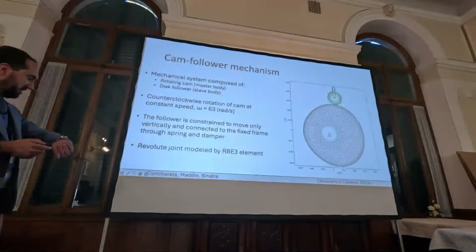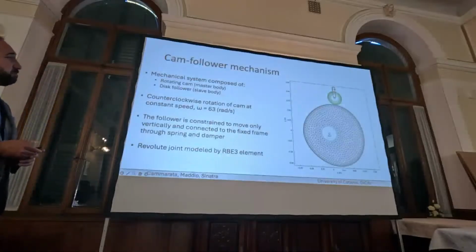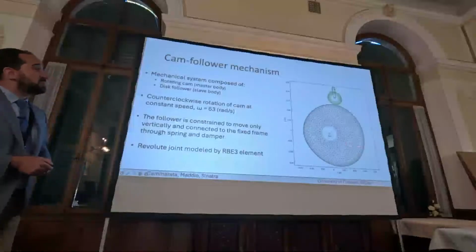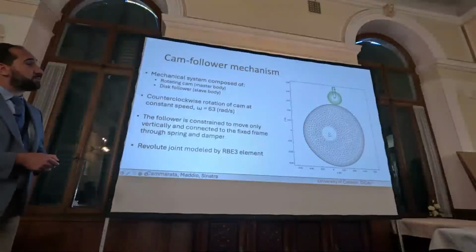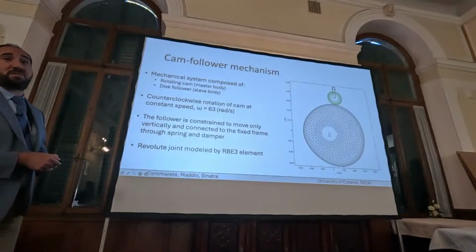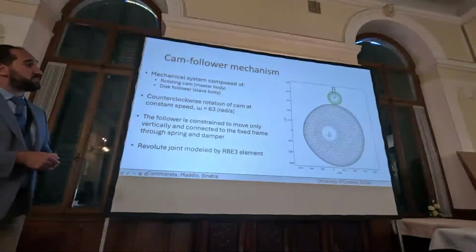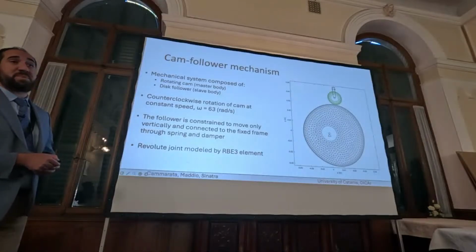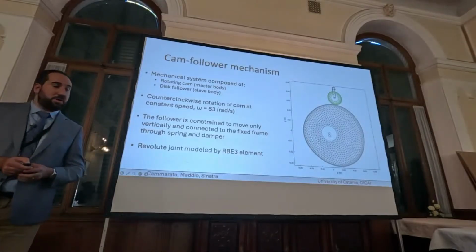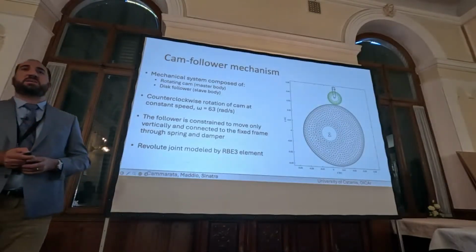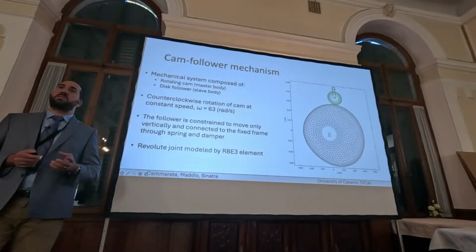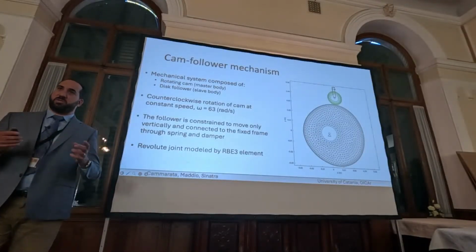Starting from the first example, a cam follower mechanism. This body can rotate around this point, where you have a revolute joint, connected to the rest of this circle by means of RBF elements. The RBF element is an interpolant element; it's not rigid.